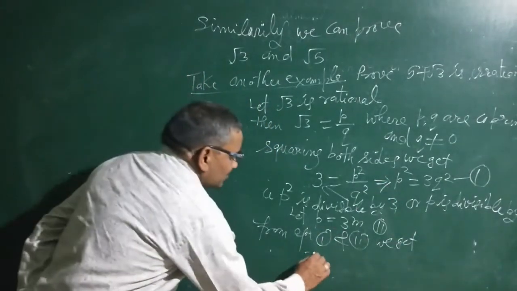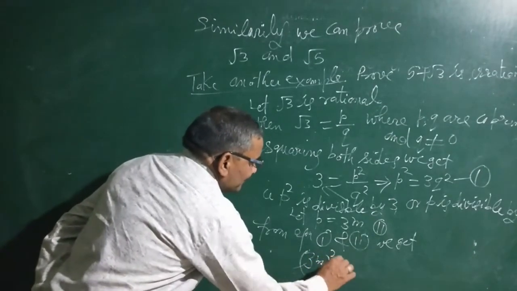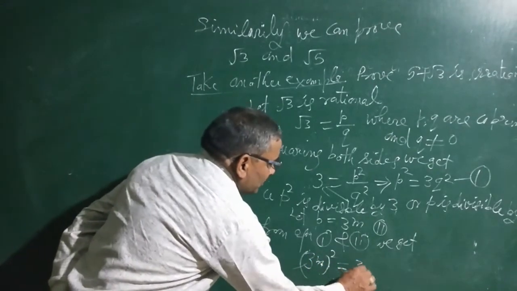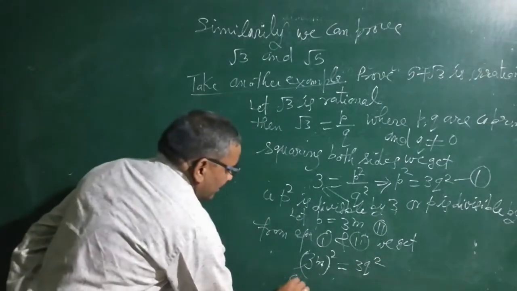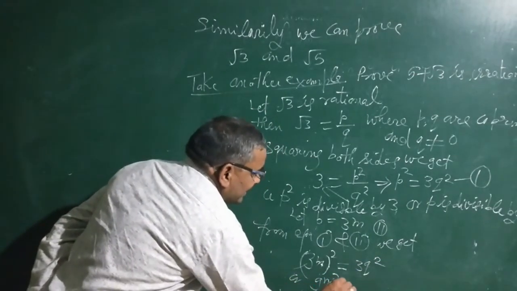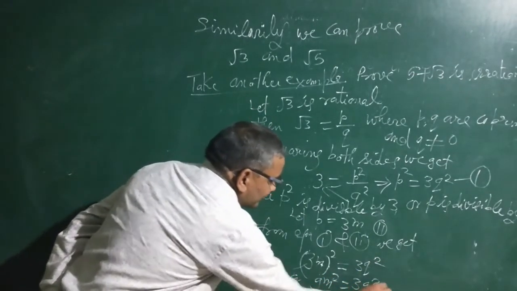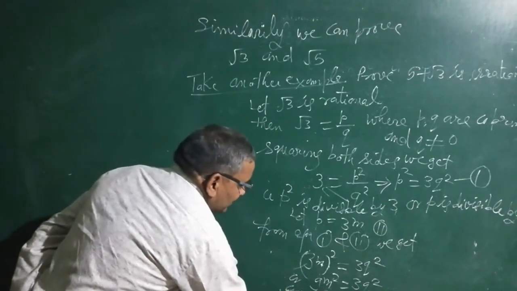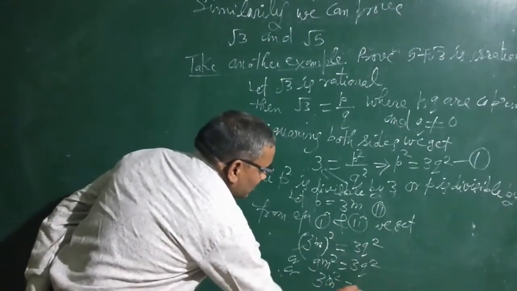We get 3m whole square equal to 3q square, or 9m square is equal to 3q square, or 3m square is equal to q square.